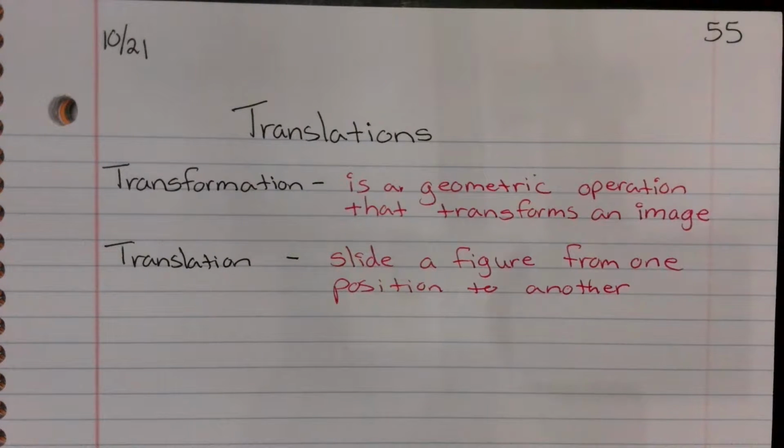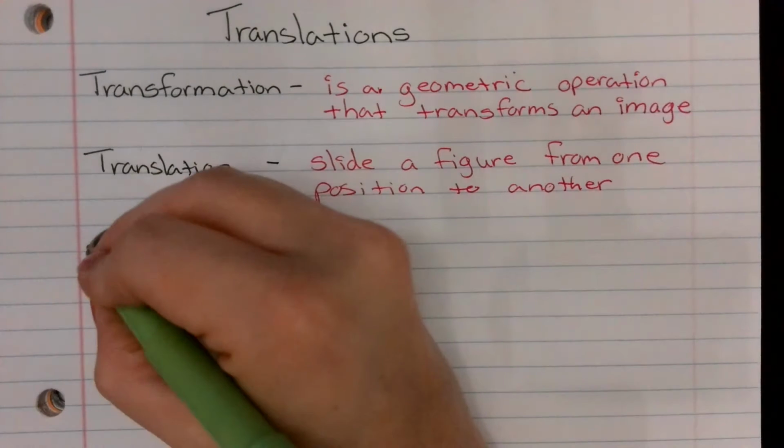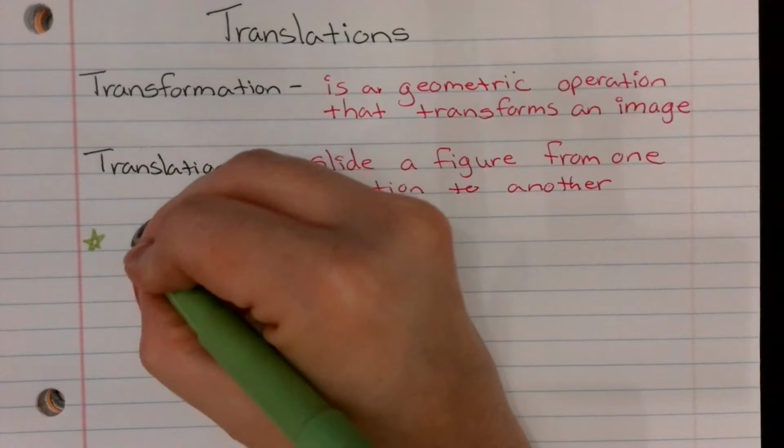Okay. One thing you also need to keep in mind when we talk about these shapes is that we're usually talking about original images. The original image is going to be congruent to your translated image when we talk about a transformation.